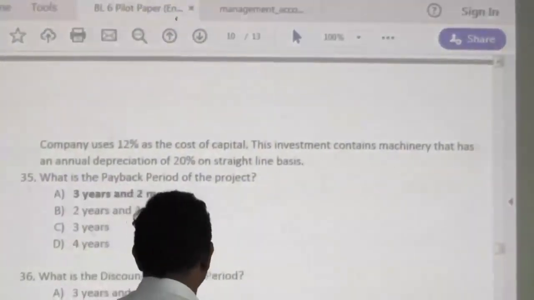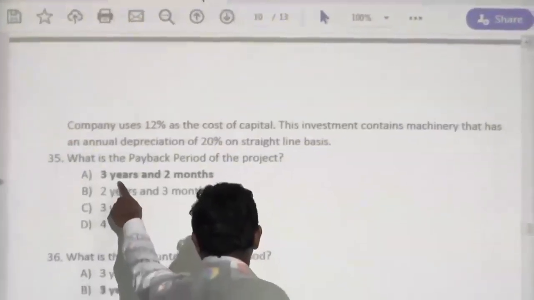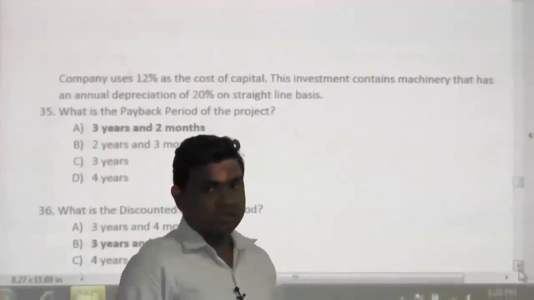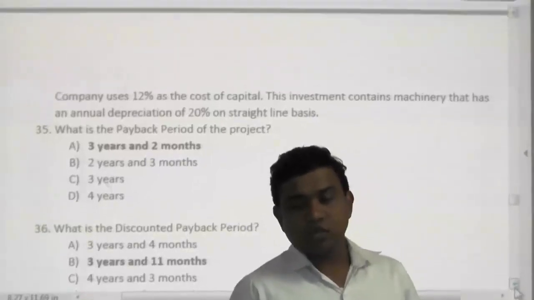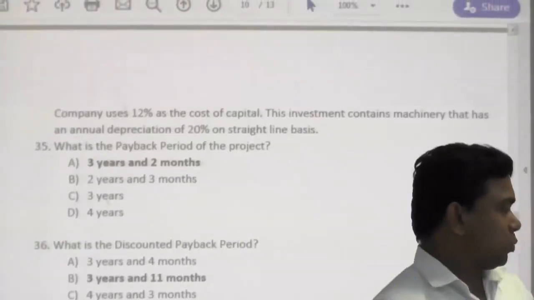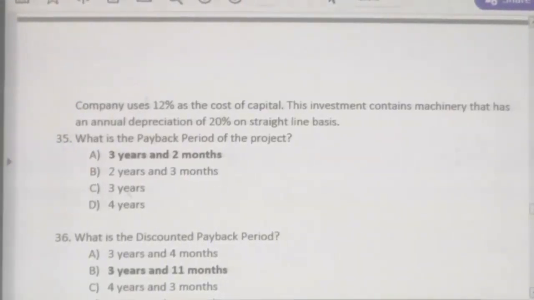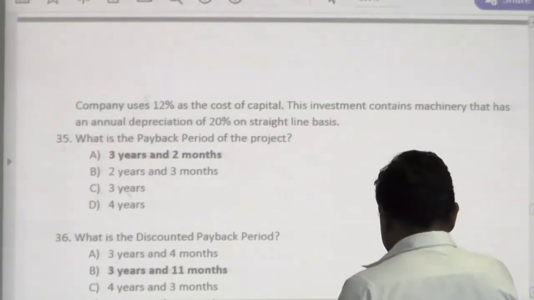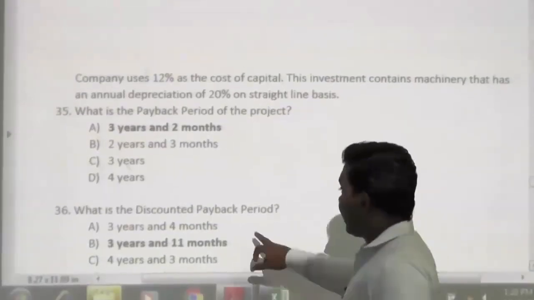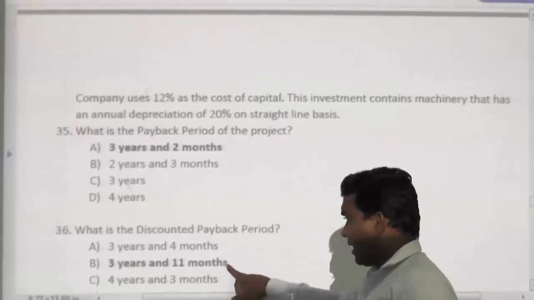Right, you can see here the payback period is 3 years and 2 months. Approximately they have given 2 months, but actually it takes 2.1 months, rounded to 2 months, right? Thereafter, question 36 requests you to calculate the discounted payback.